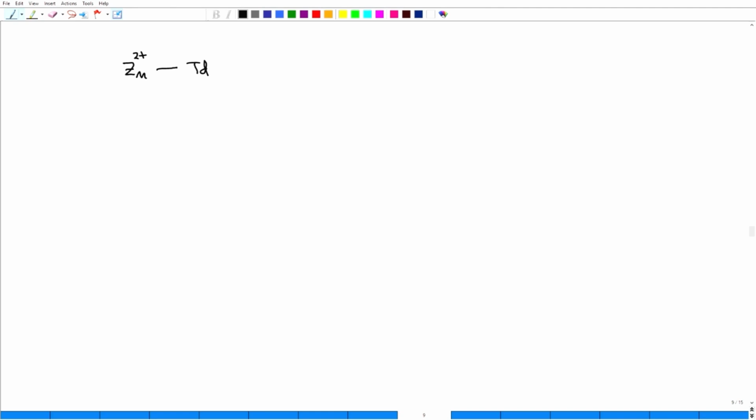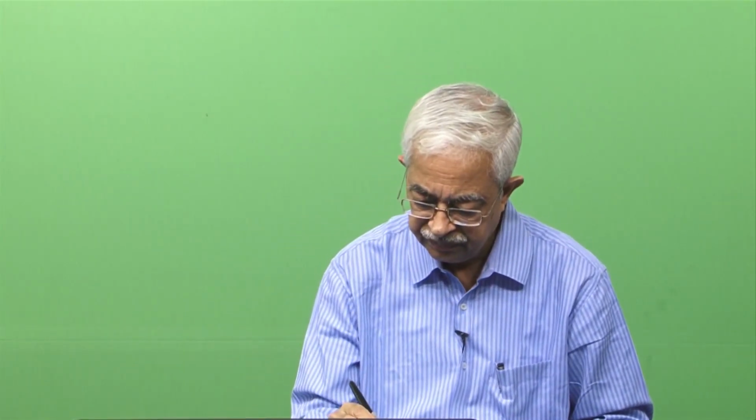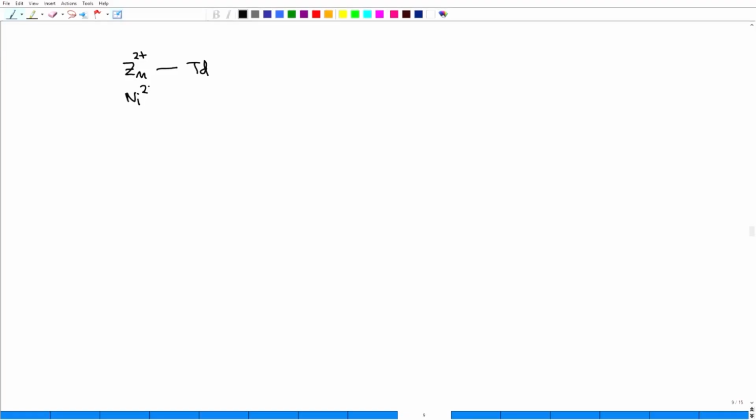Sometimes it can show 6 coordination. Then if there are 6, it will be all messed up. Nickel 2 plus will like square planar.